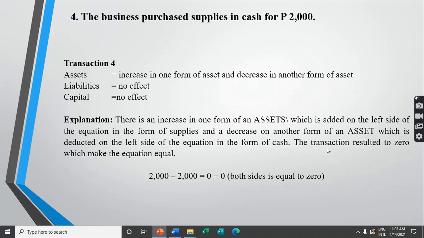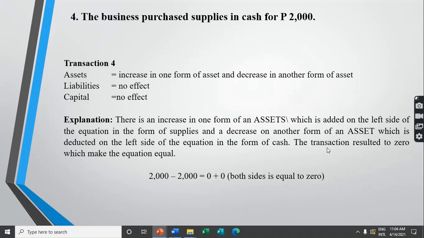Nagkaroon ka ng supplies, pero binayaran mo yung supplies na yon ng 2,000. Okay? Sa effect, anong mangyayari dun sa accounting equation? Ano yung mangyayari doon? Ano yung effect doon? Ano yung effect ng transaction doon?